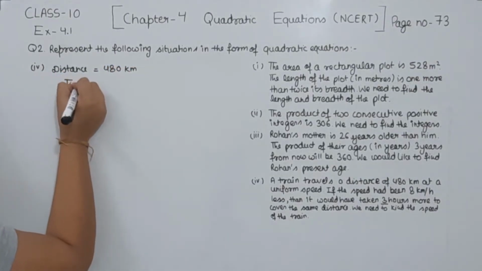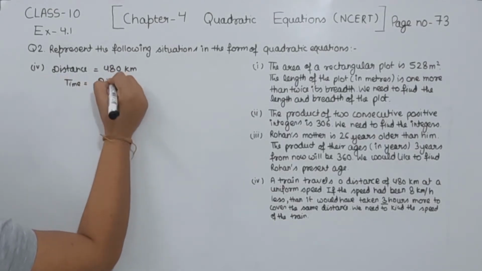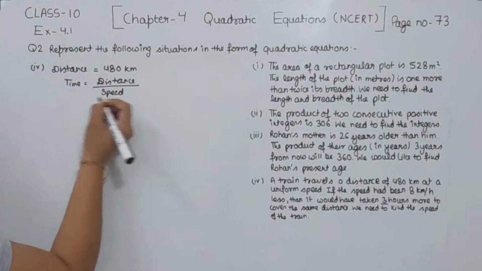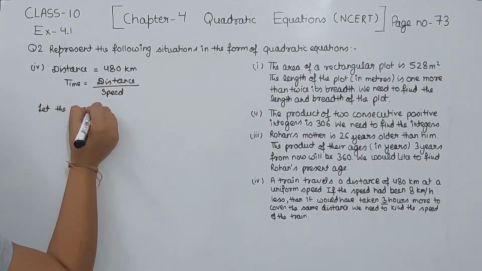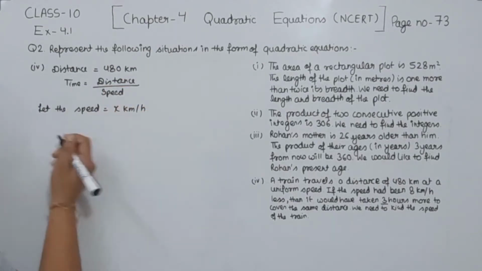Now we know that time is equal to distance divided by speed. So first of all, we are going to let the speed be equal to x kilometer per hour.